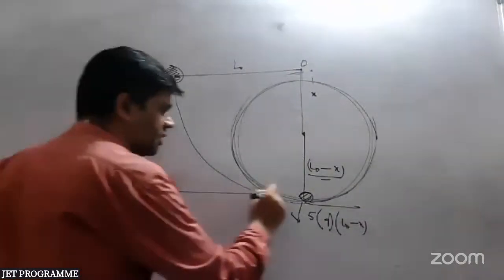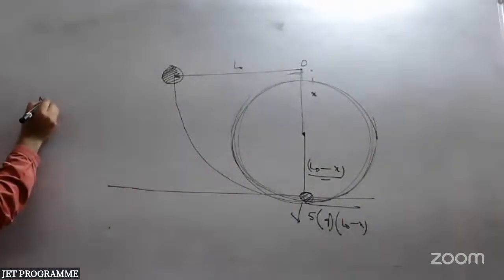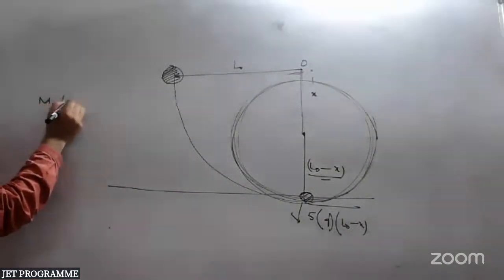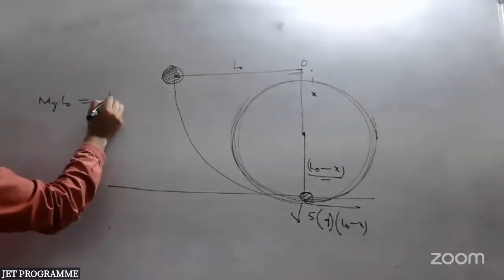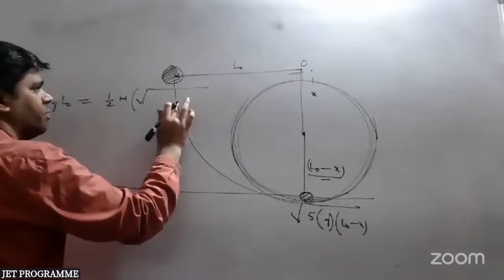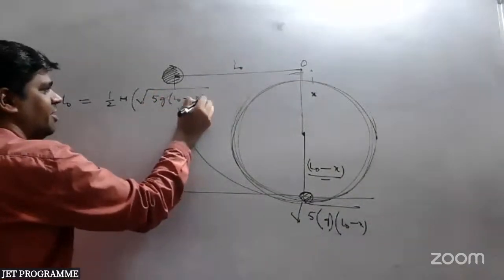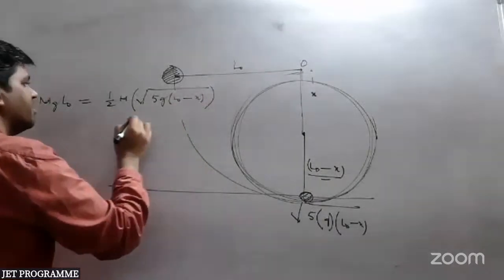But if I take this as my reference level, I write the energy equation between these two points: mg times L equals half m root of 5g times L naught minus x, whole square.